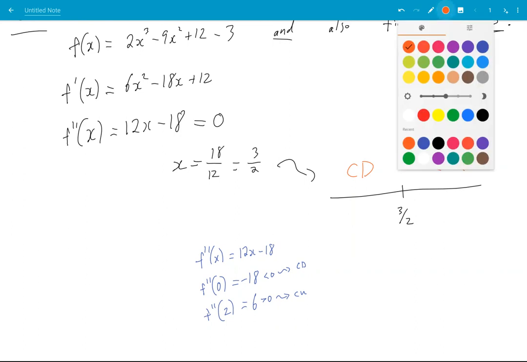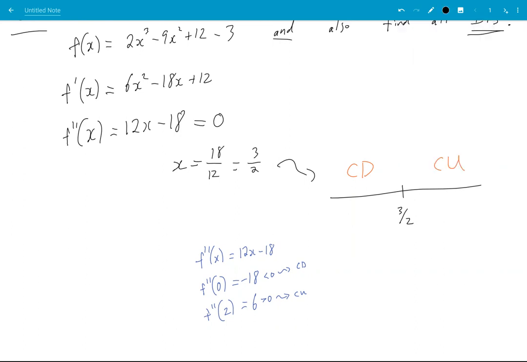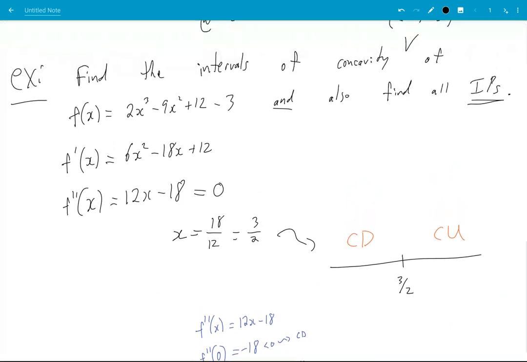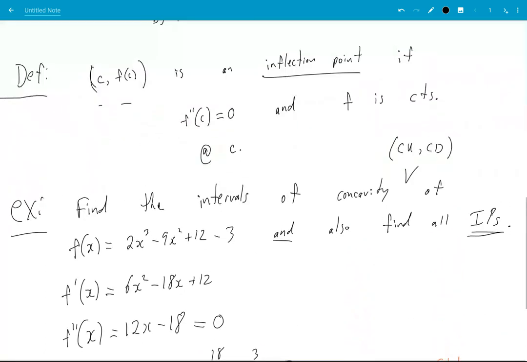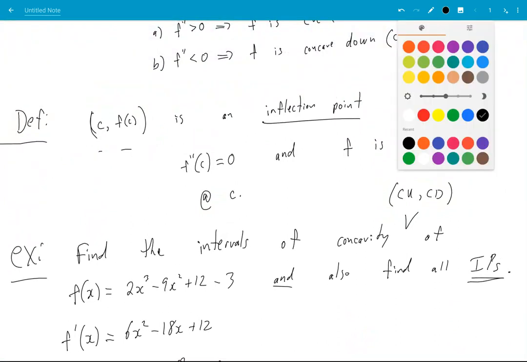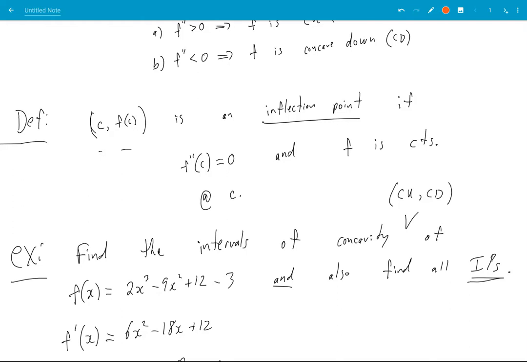So now I've realized that I have made a mistake in my definition of an inflection point. So let's go back to the inflection point definition. So please pause the video and return to your inflection point definition. Okay, I want you to cross this out.